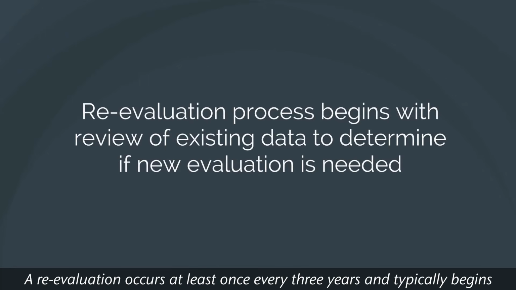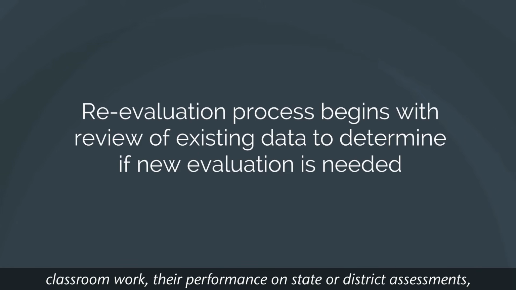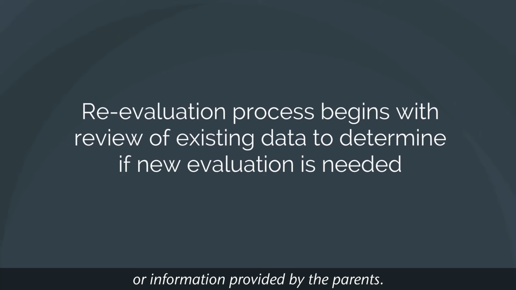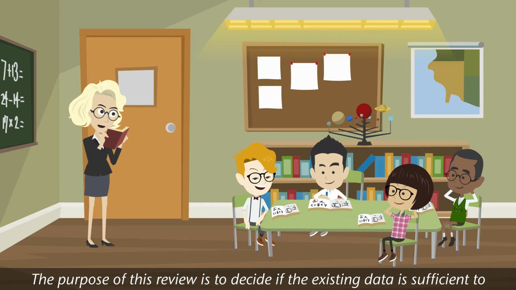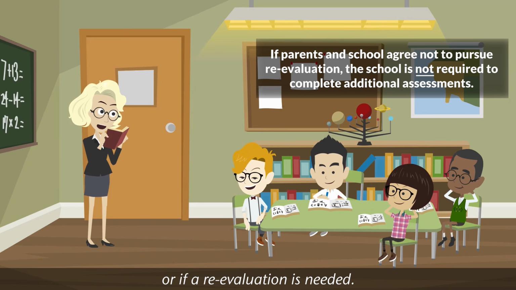A reevaluation occurs at least once every 3 years and typically begins with a review of existing evaluation data, which may come from the child's classroom work, their performance on state or district assessments, or information provided by the parents. The purpose of this review is to decide if the existing data is sufficient to establish eligibility and determine educational needs, or if a reevaluation is needed.